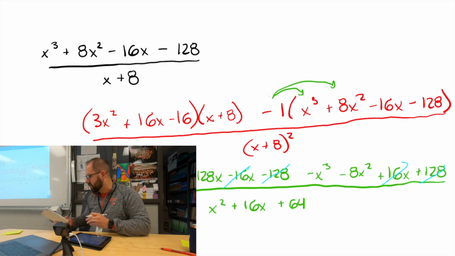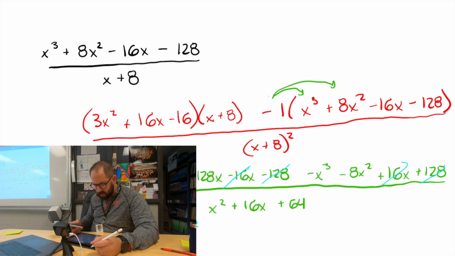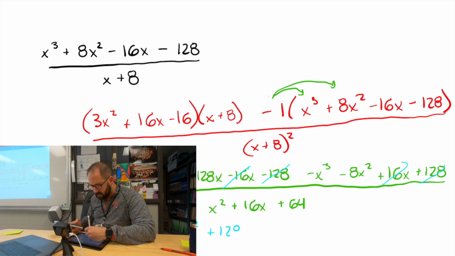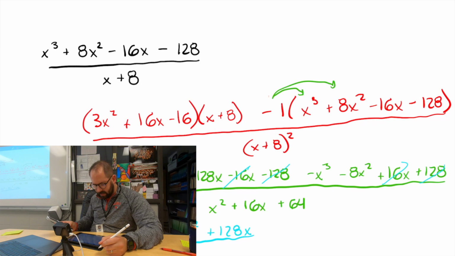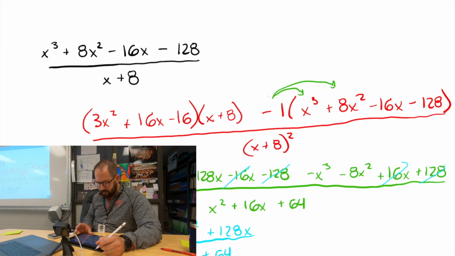Oh, geez, there's a lot of x squares. 16 plus 24 minus 8, that's 32 x squared. And then we have the 128x. I have a calculator. I think I typed it in right. And then on the bottom we have x squared plus 16x plus 64.